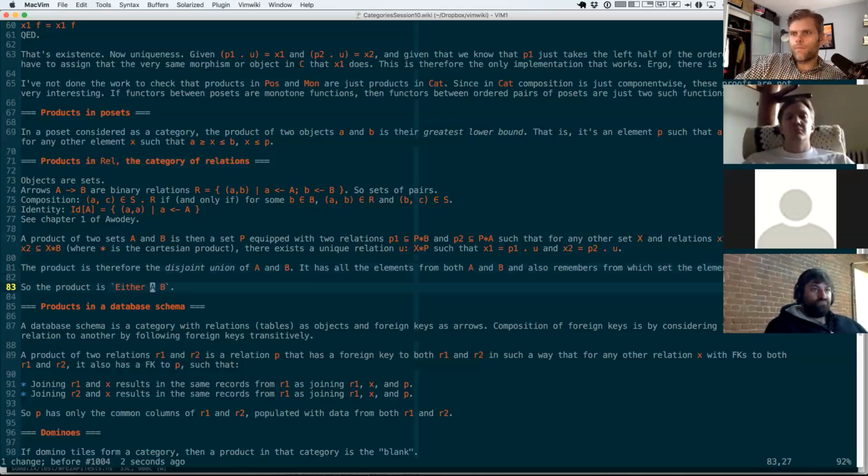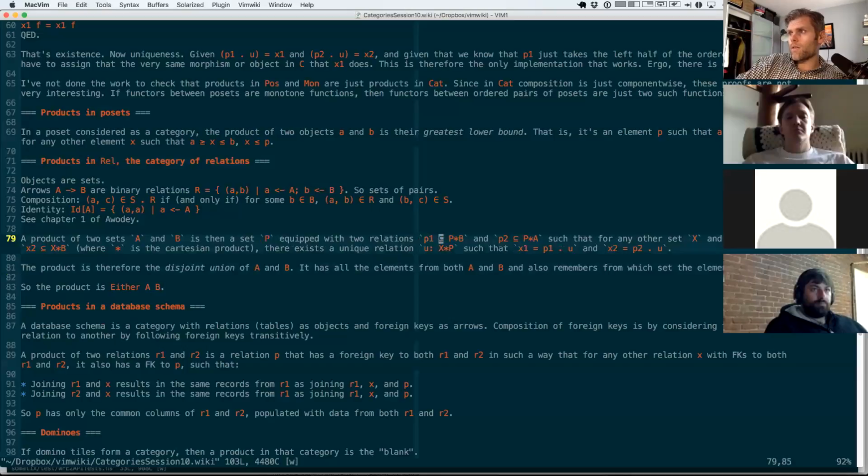Right. So it turns out that makes this whole thing work, because we can see that there are these projections. If my set P contains all the elements from B, then there is this relationship, right? And if my set P contains all the elements from A, right?